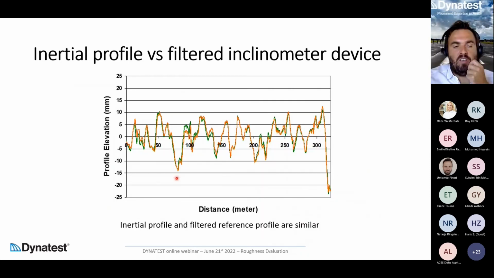Here is a comparison in terms of profile of 2 different types of equipment. One is the inertial profiler and one is the inclinometer, so the 2 different standards. And as you can see, for the wavelengths that influence the road, both profilers are more or less the same.